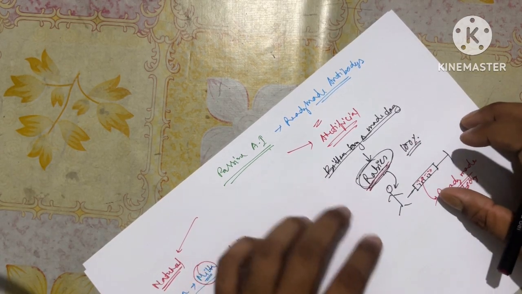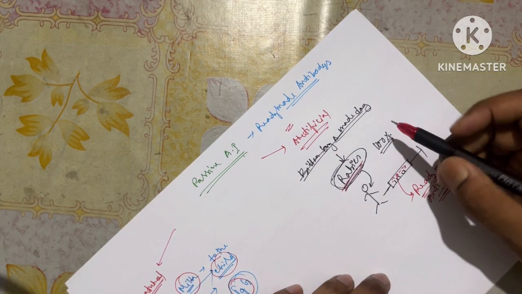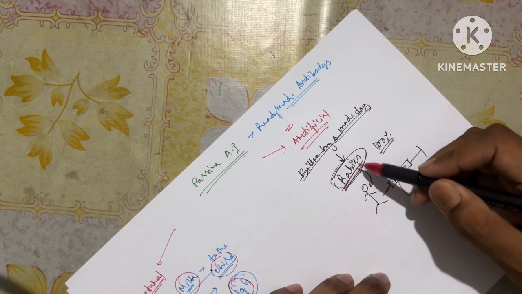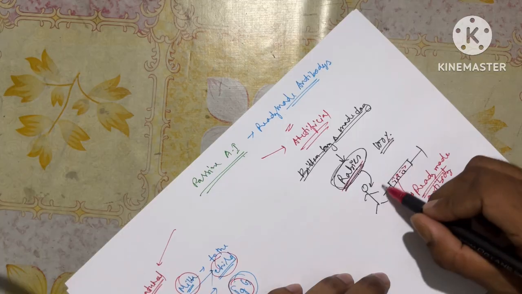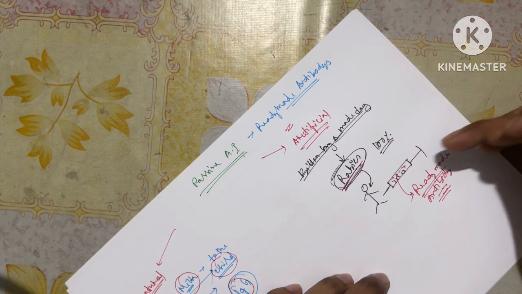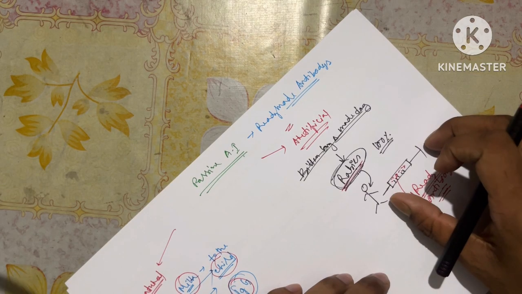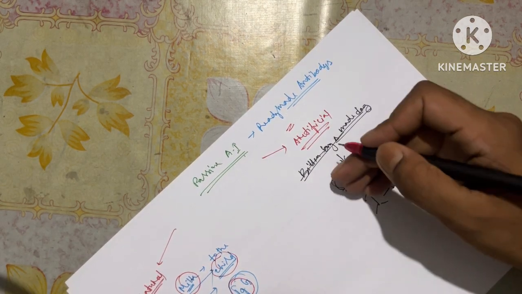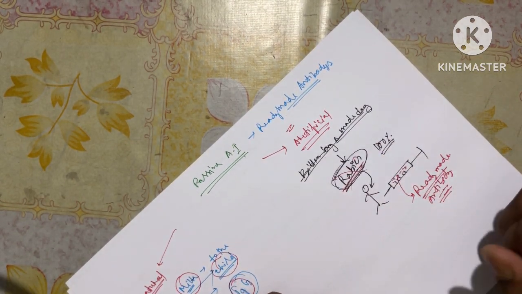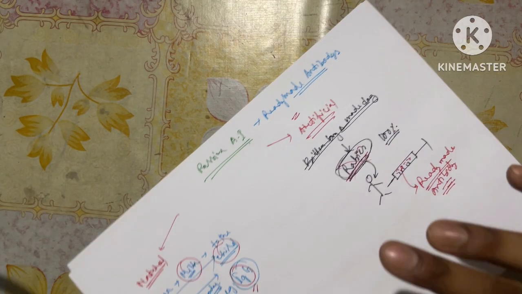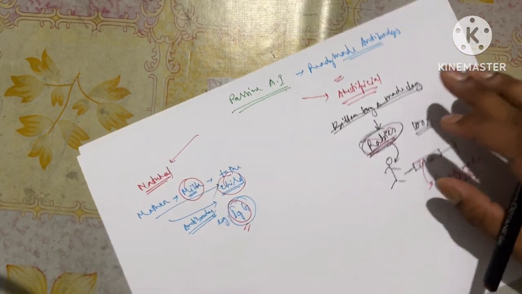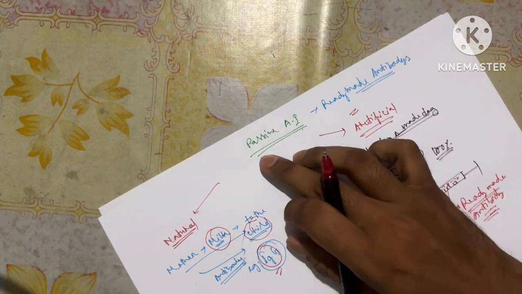That's why we need ready-made antibodies. When a person is bitten by a dog, within 1 or 2 hours we need to give the rabies antibodies, so that this antibody can fight against the rabies virus and kill it. So this is the overall artificial passive acquired immunity.